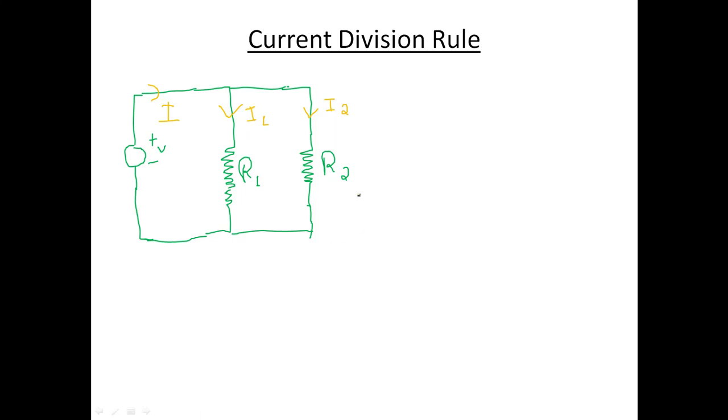So I1 is given by total current I multiplied by the opposite branch, that is R2, over the summation of both the branches, that is R1 plus R2.